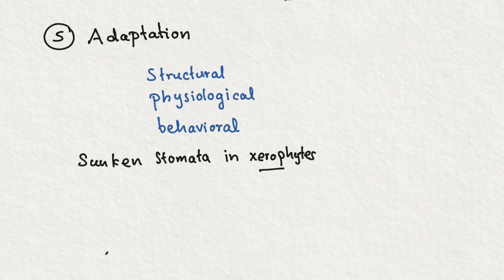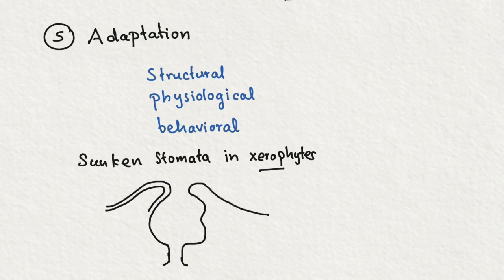Xerophytes are plants that have adaptations to survive in less water conditions, to survive in environments with low amount of water. So they have sunken stomata. So they have their stomata somewhere here, somewhere deep in an internal part of the leaf.